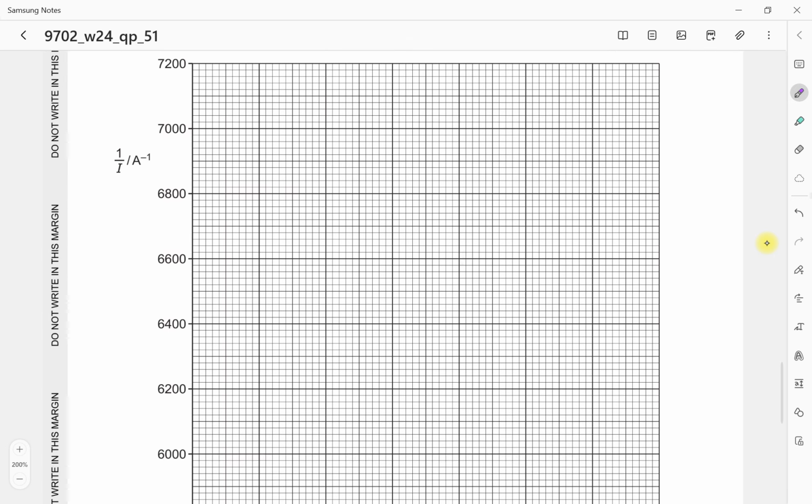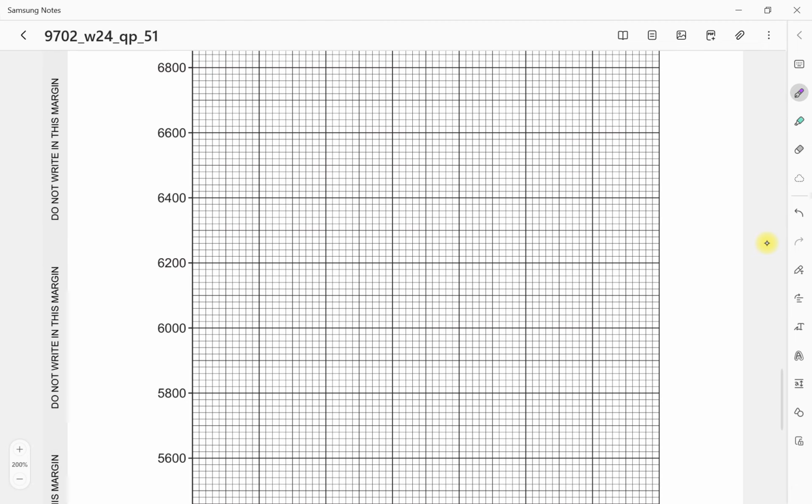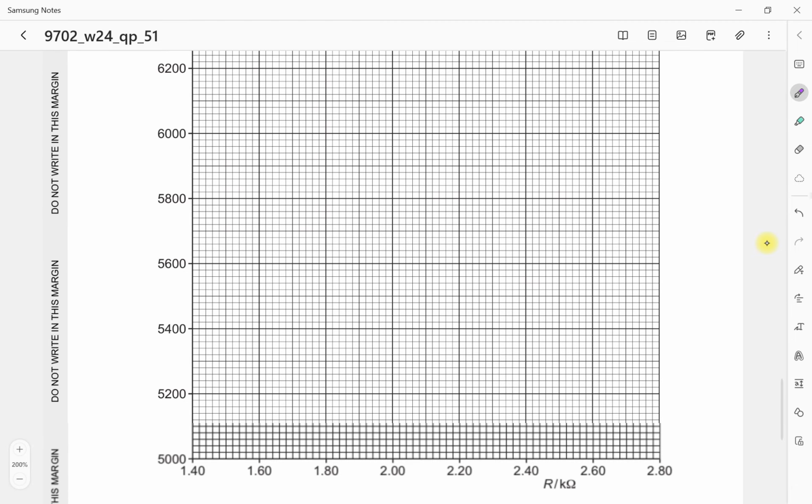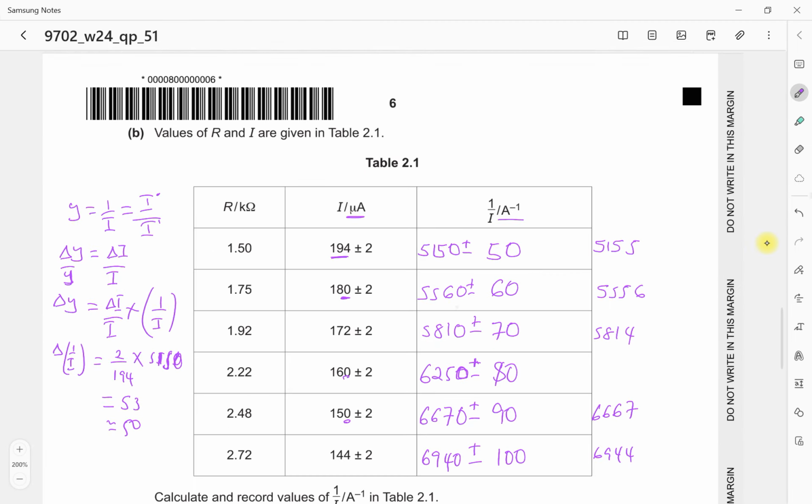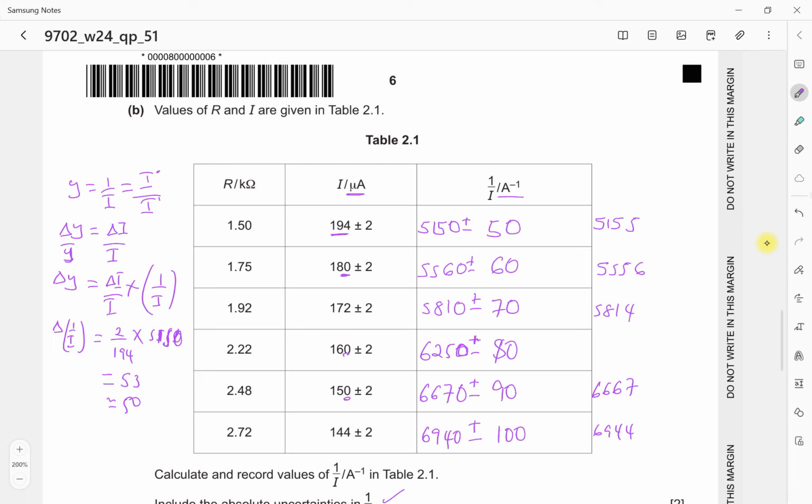So plotting, I'll write the points on my paper here. 5150, 5560, 5810, 6250, 6670, 6940, and 1.5, 1.75, 1.92, 2.22, 2.48, 2.72.